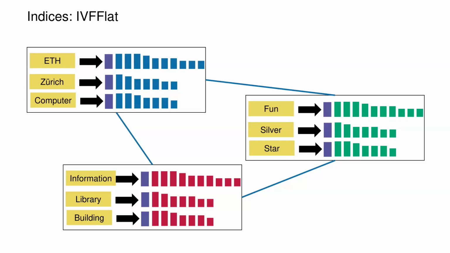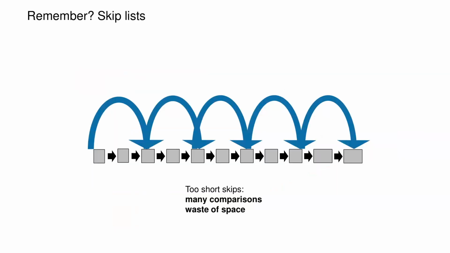And then whenever you have a query, you look at the cluster in which you are, and then you look at the documents that are in this cluster, a bit simplified. And so the index provides you an efficient way to directly access the clusters and the associated list, right? So that would be IVF flat, connected to clustering in this way. But that's all I'm going to tell you, because otherwise it's too advanced.